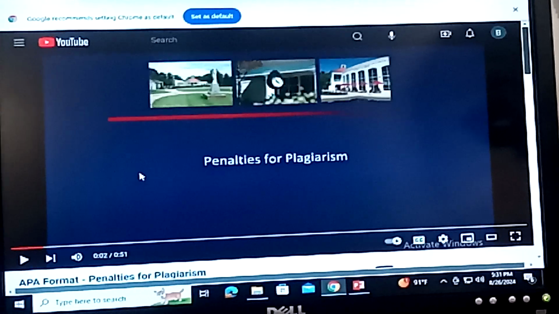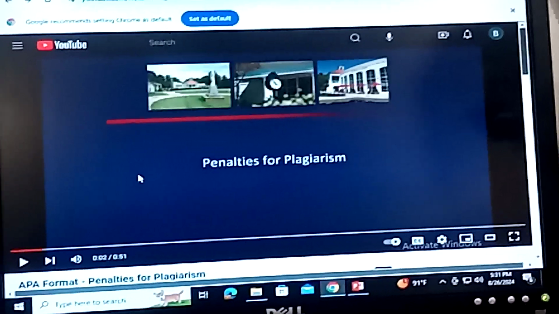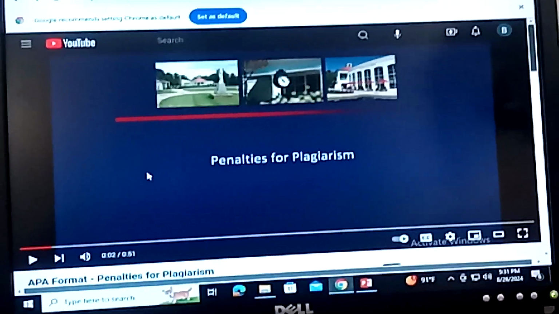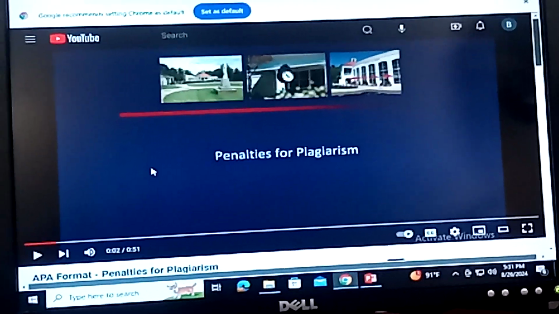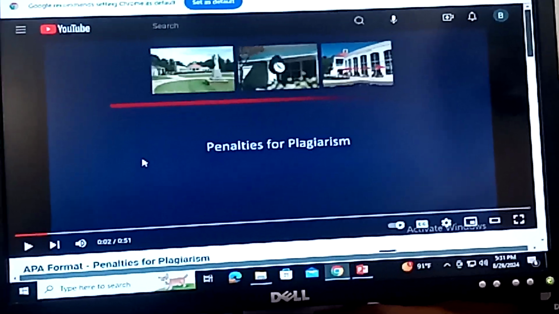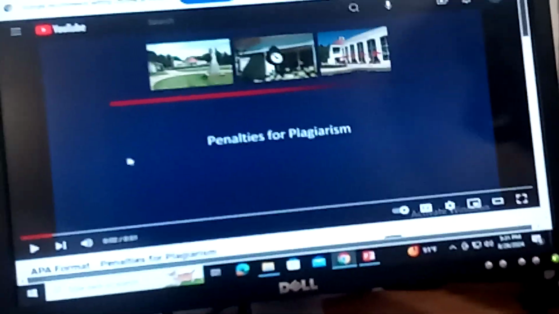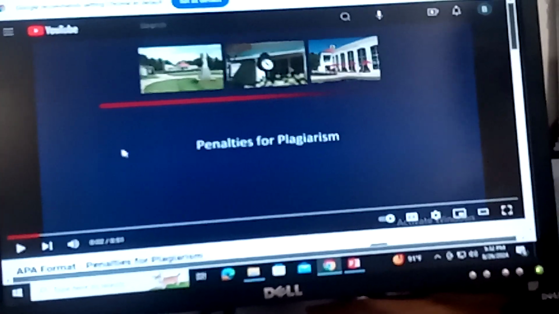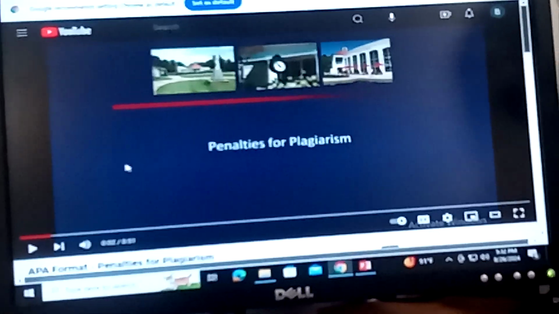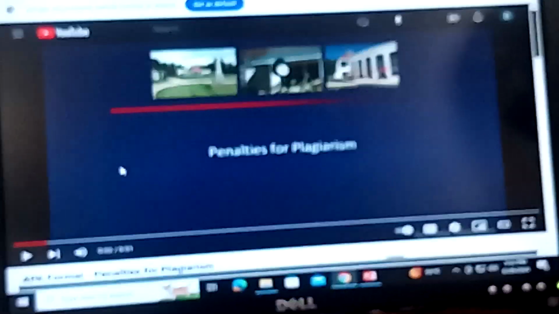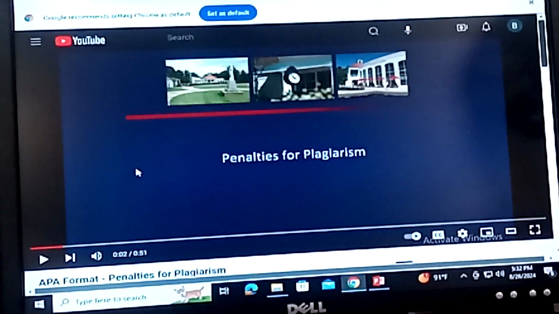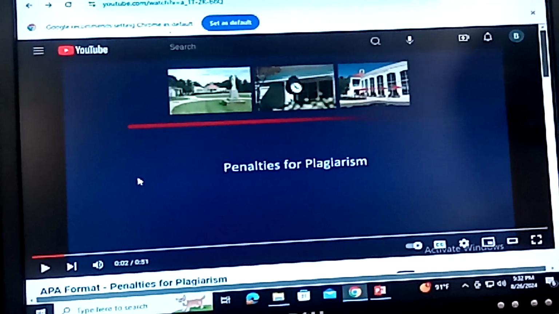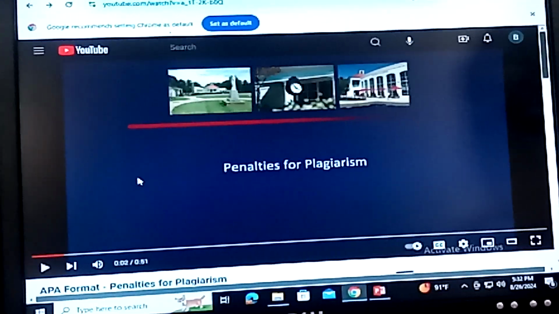The third punishment is failure in the assignment. Depending on how severe the act of plagiarism is, you fail the student in the assignment. Then the fourth one is suspension. You suspend the student from school or from class. That is enough punishment. And the last one, the straw that breaks the camel's back, would be expulsion.